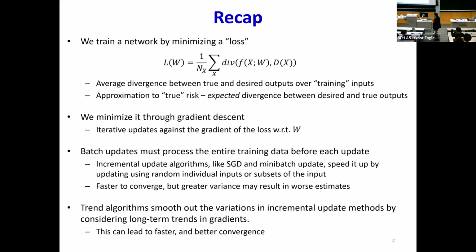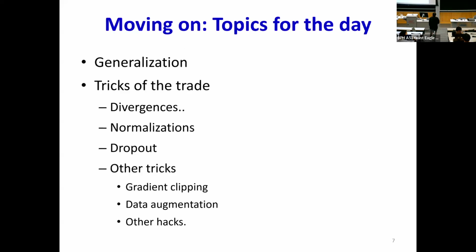These are faster to converge, but have greater variance from step to step, and so may end up resulting in worse solutions. And we also saw that trend algorithms smooth out variations in the incremental update methods by considering long-term trends in both the gradient and the variance of the gradient itself, or the squared magnitude of the gradient itself.